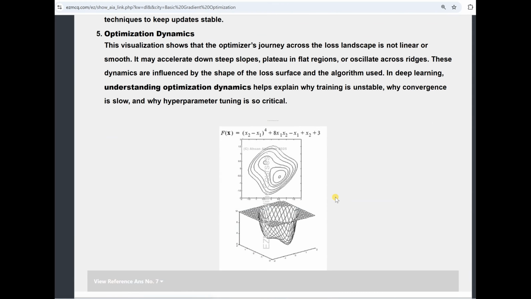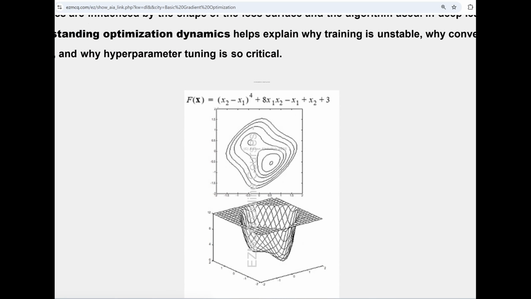Yes, this is it. So this is the 2D view of this function, and this is the 3D view. As you can see, this is the global minima, this is the local minima, and definitely this is not convex, because if you connect these two points they do not remain within the region.